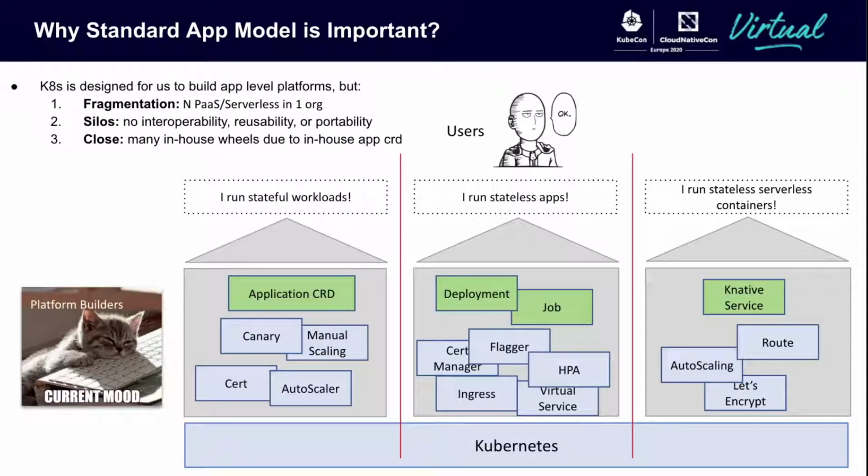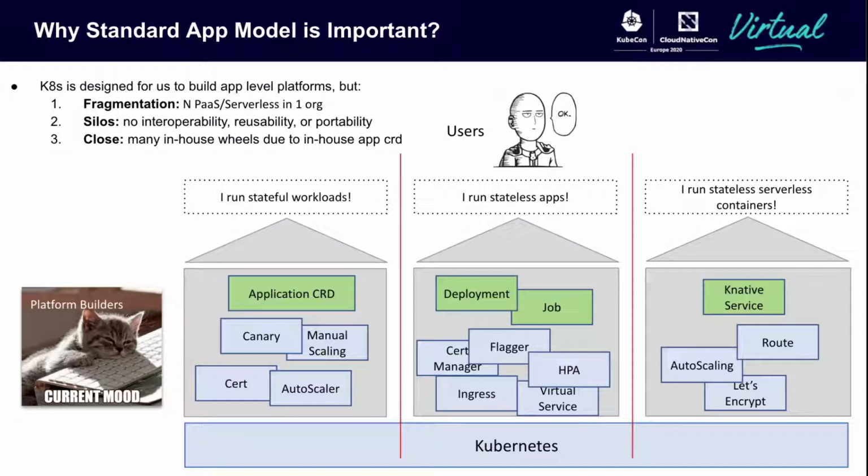So, the first emerging technology we want to include in the new landscape is the standard application model. Why is a standard application model important? We all know that Kubernetes is designed for us to build application-level platforms, but in the real world, the requirements from our users are highly diverse.